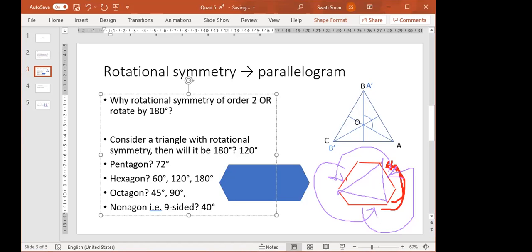Come again? 130. 135. Okay. Now look, you have to be careful. This angle of rotation, does it have to divide 360?